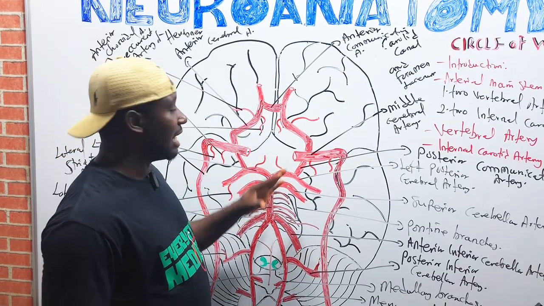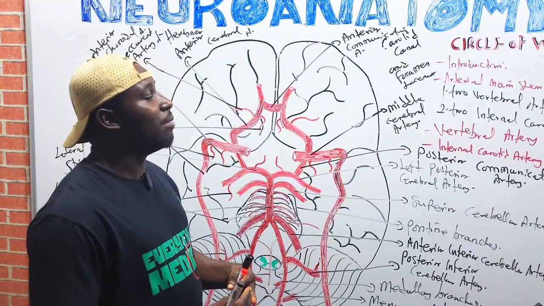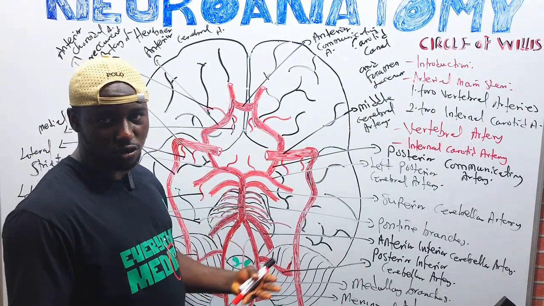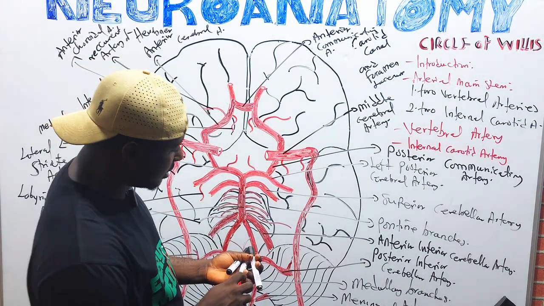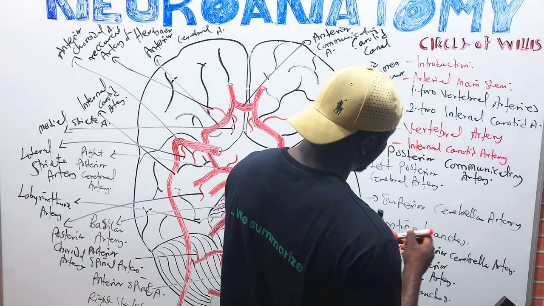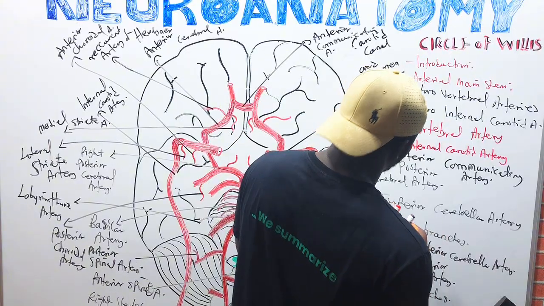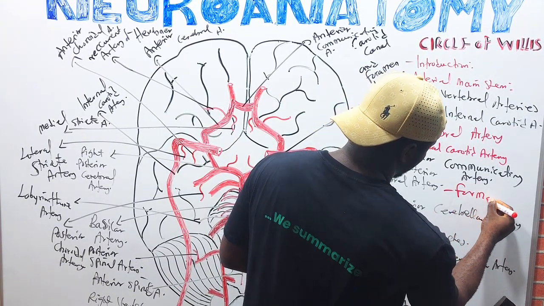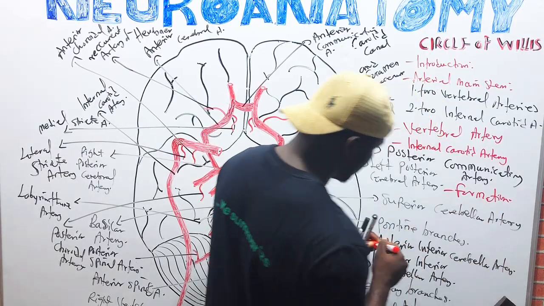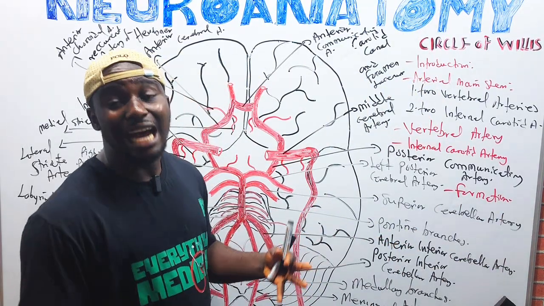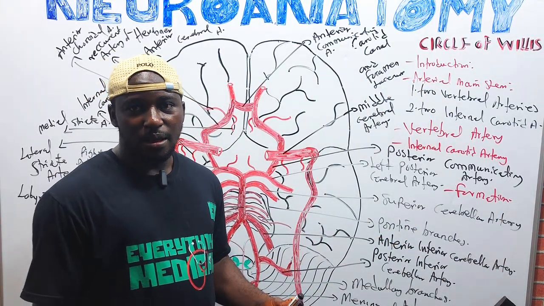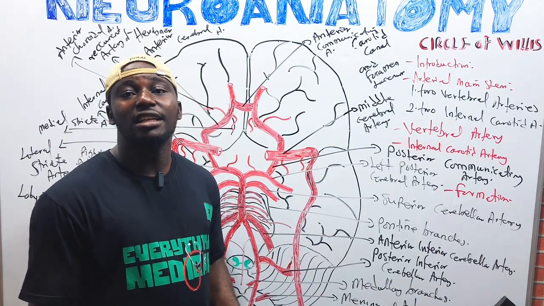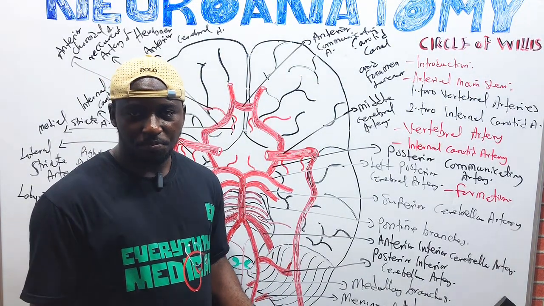Now, the next thing we shall be looking at is the formation of the circulus arteriosus. How does it form? The circulus arteriosus is formed by the branches of the basilar artery and the internal carotid artery.